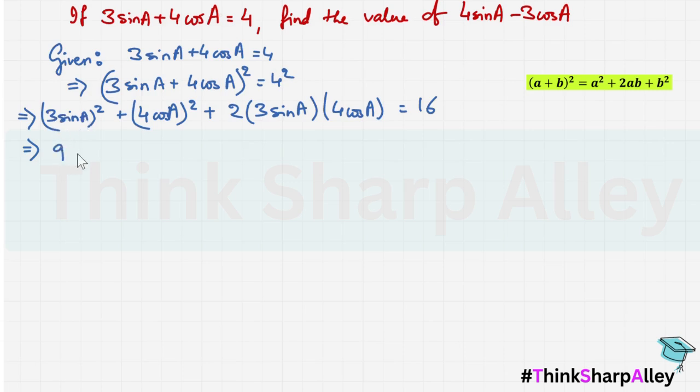So 3 becomes 9 sine square A. This one becomes 16 cos square A, and a little rearrangement over here because we will keep our eyes on the prize. We need 4 sin A and 3 cos A. So I'll take the 4 over here and 3 here, which is equal to 16, remains as it is.